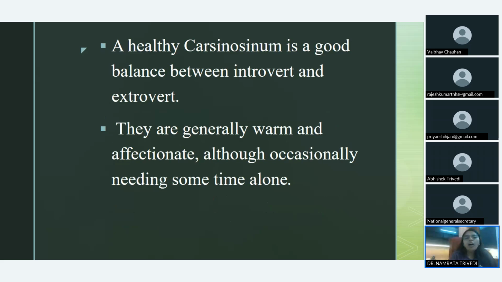Now, the healthy Carcinosin is balanced between introvert and extrovert. Carcinosin can be introverted, can be extroverted, depending on the situation. The Carcinosin patient is generally warm, affectionate, wants to live in company, has a desire for company, but sometimes also needs time for himself or wants to remain alone.